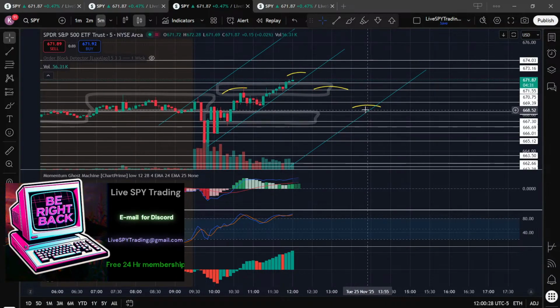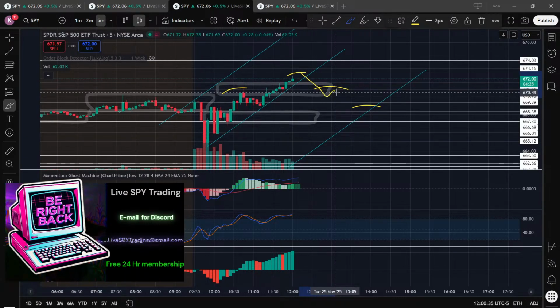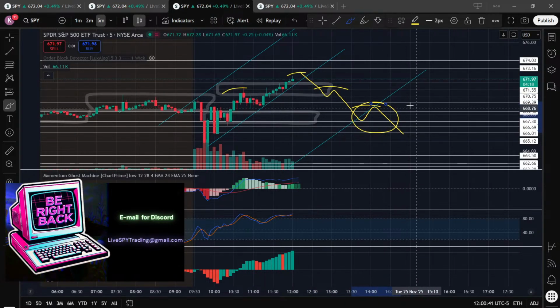Your safety is going to be over here. You want to see this liquidity get taken out, and then you want to see this liquidity get taken out. So somewhere around here is going to be your safety.